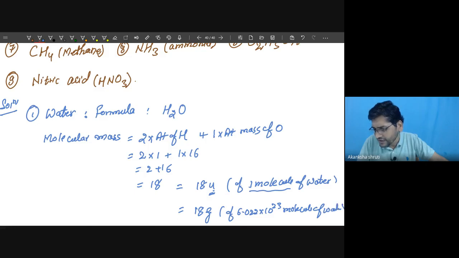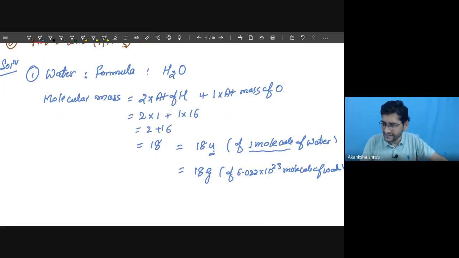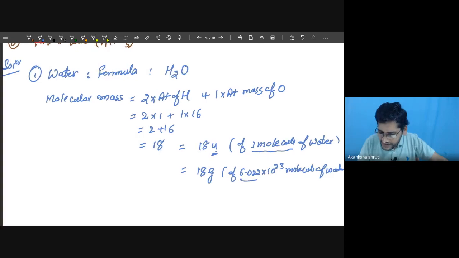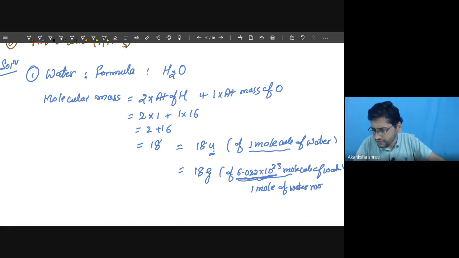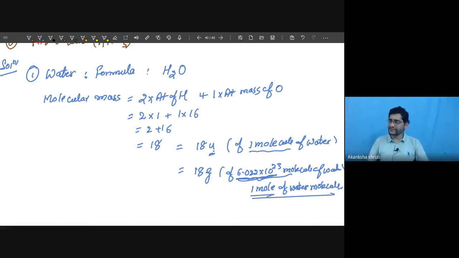If this much water is taken, the unit gets added as g. This number itself is called 1 mole, the Avogadro number, like the number 12 is called a dozen. This number 6.022 into 10 to the power 23 is called 1 mole of which one? Water. Whether water atom or molecule? Water molecule. Okay, students, this is the way we can calculate.